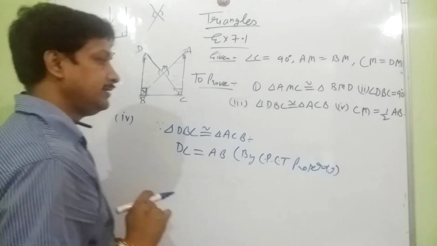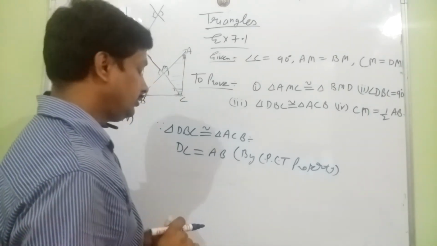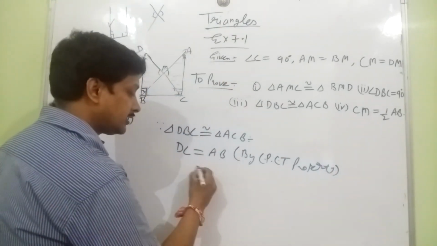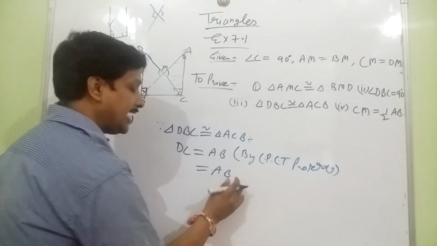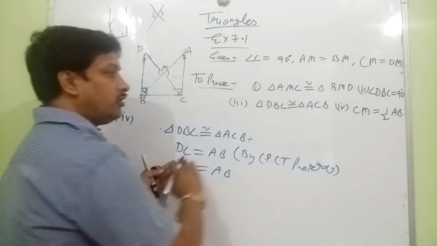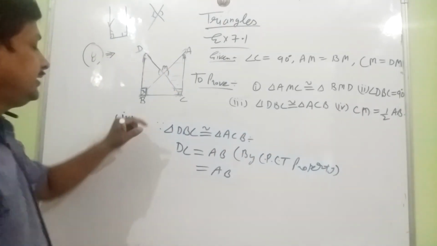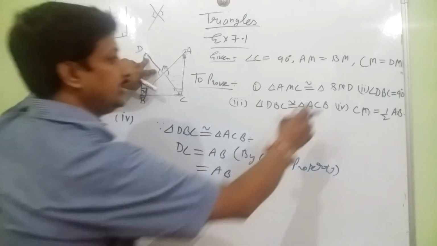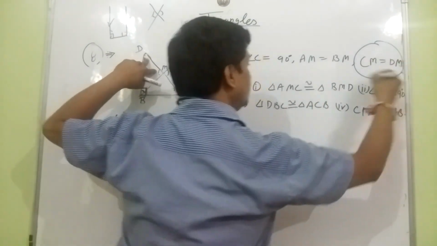But at the same time, you want the answer in AB. So you will not disturb AB, you will write it as it is, but you will just convert DC in the form of CM. So you can see you have CM equal to DM. It is given CM equal to DM.